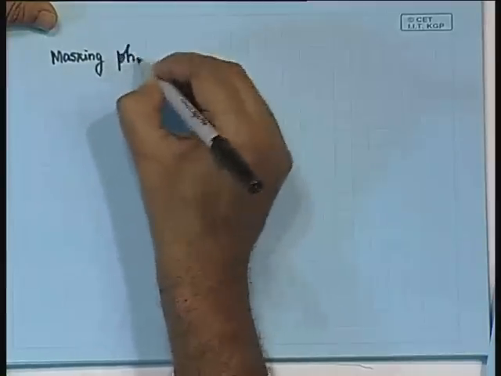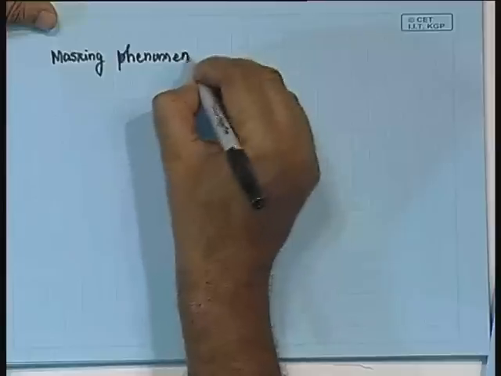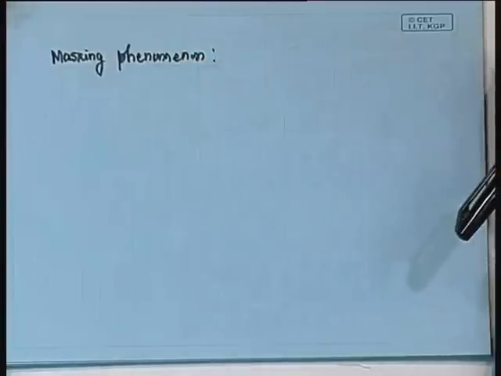What is meant by masking is that if we find the presence of a very strong audio signal at some frequency within the audio range, that strong signal tends to mask off other audio signals present in or near its vicinity.